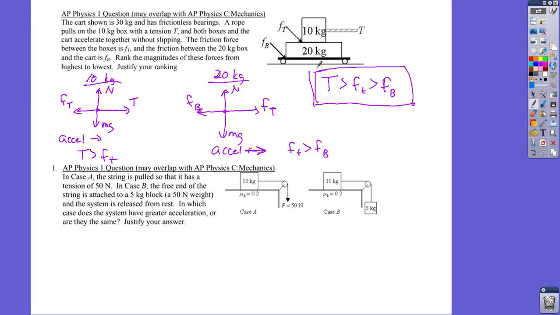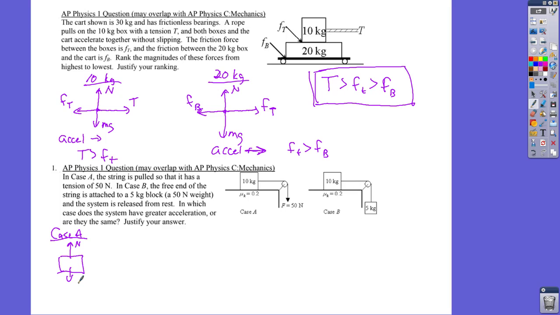Alright, so we look at this. So in case A, you're going to draw the diagram for that block, and you can see that we're going to have a normal force.